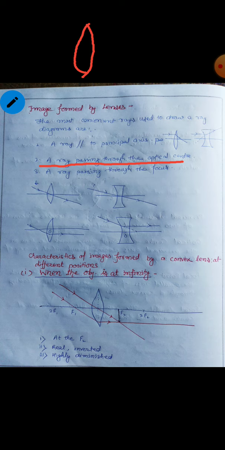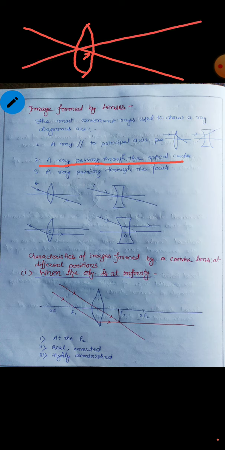It passes undeviated. Suppose this is the optical center, which we represent by O. So any ray which passes through the optical center will pass through the lens without deviation. That is another ray which we should know.